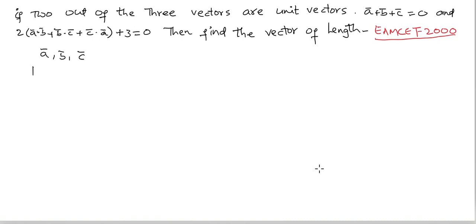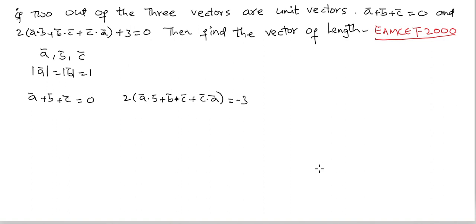Two vectors are unit vectors, so mod a bar is equal to mod b bar is equal to 1. Now we find the length of the vector c bar. Here the given relations are a bar plus b bar plus c bar is equal to 0, and 2 into (a bar dot b bar plus b bar dot c bar plus c bar dot a bar) is equal to minus 3.